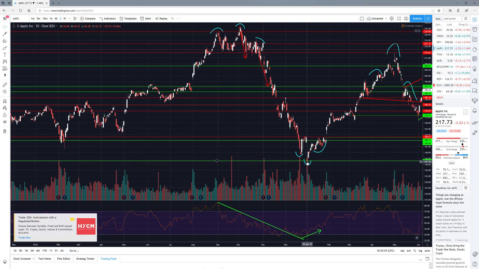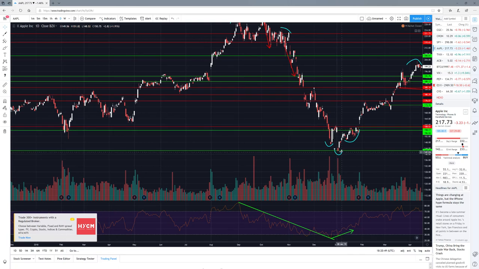Then it gapped down to 141 that day. I forgot why. I think it was a downgrade or something. And the RSI raised to 28. That just means buyers came in much stronger on this low, essentially.